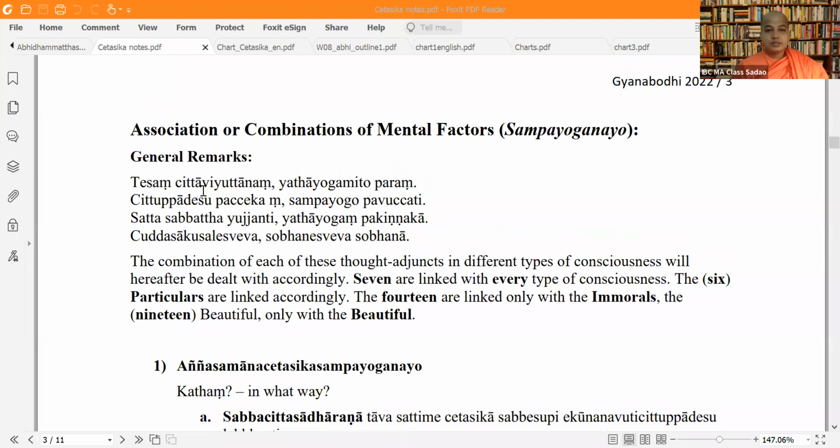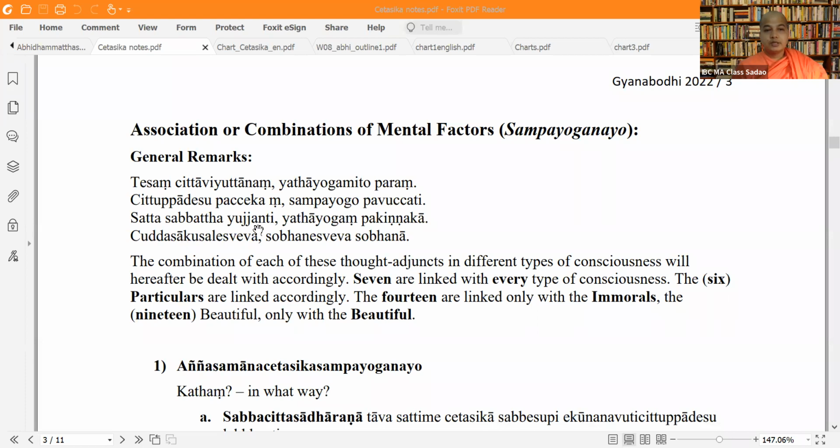Tesang chitta vyuttanam, yatha yogamito parang, chittupadesu pachekam, sampayogo pavuchati, satta sabbatta yujjanti, yatha yogam pakinnaka, chuddasa kusale sweva, sobana sweva, sobana. The combination of each of these thought adjuncts in different types of consciousness will hereafter be dealt with accordingly. 7 are linked with every type of consciousness.